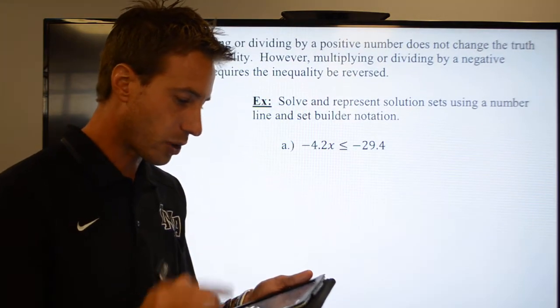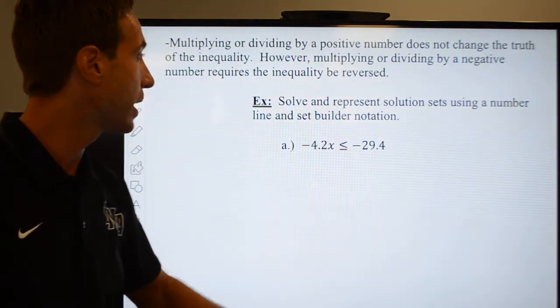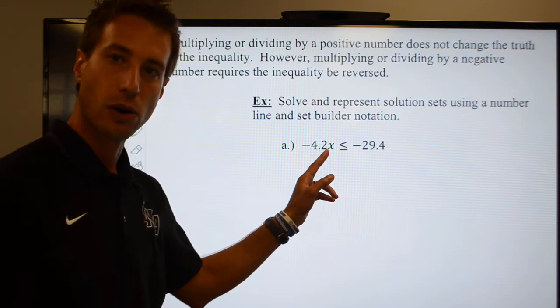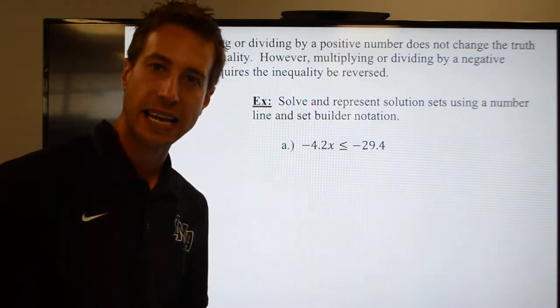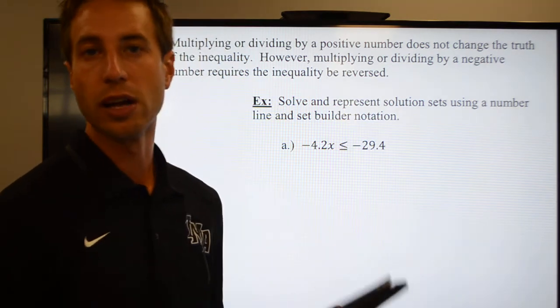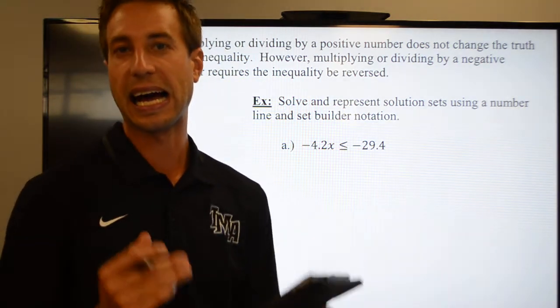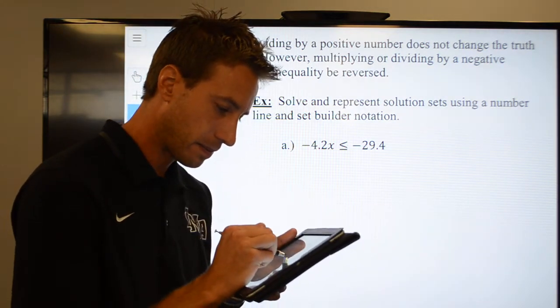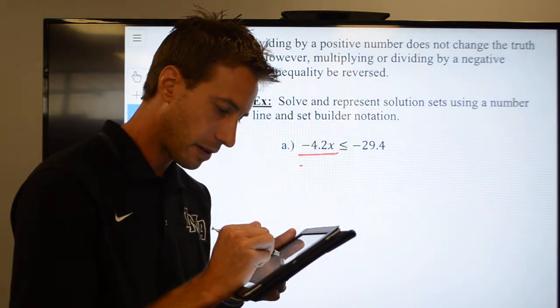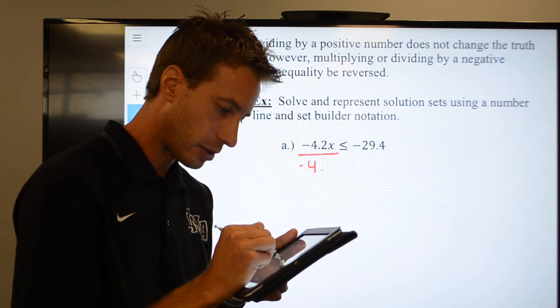I've got this one for you right here, and what I need to do is get that x all by itself. Well, it's currently being multiplied by a negative 4.2. To undo multiplication, I need to divide. So we're going to go ahead and divide by negative 4.2.